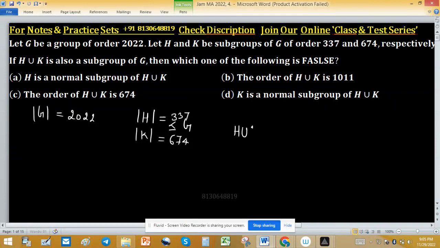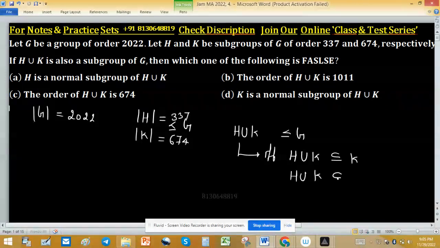H union K is also a subgroup of G. A union is a subgroup of G if and only if either H union K is a subset of H or H union K is a subgroup of K. As we know, the order of a subgroup divides the order of the group.